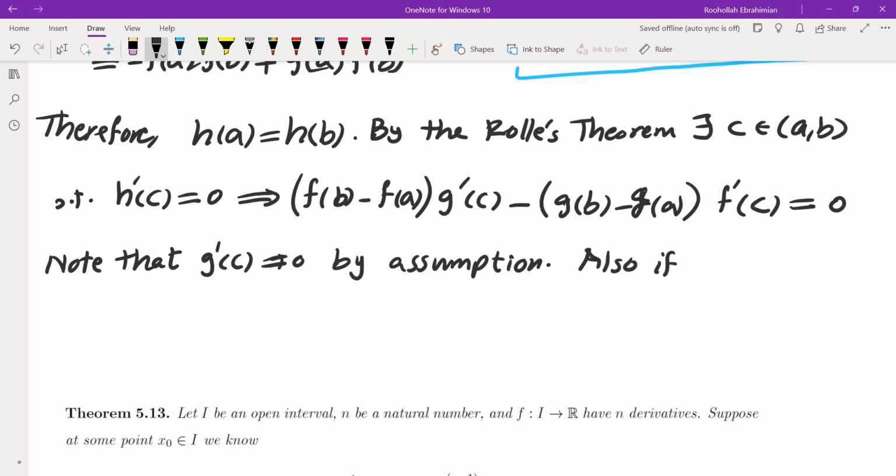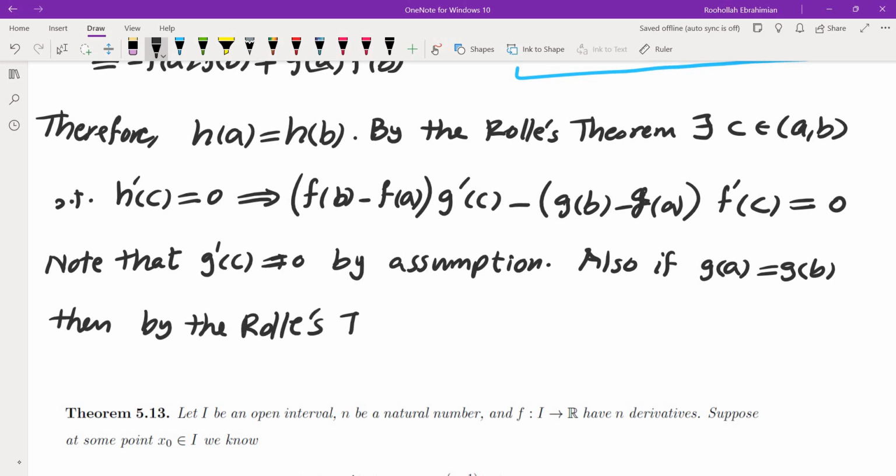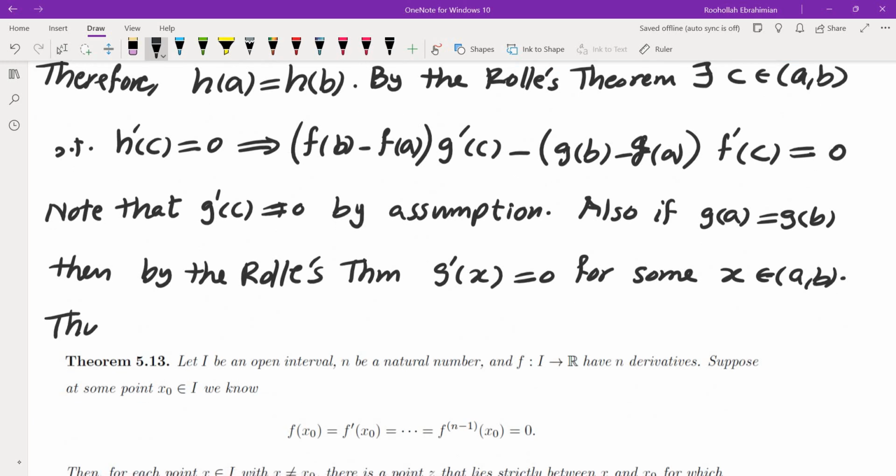Also, if g(a) were equal to g(b), then by Rolle's theorem, g'(x) would be 0 for some x between a and b. That means g(a) is not the same as g(b).